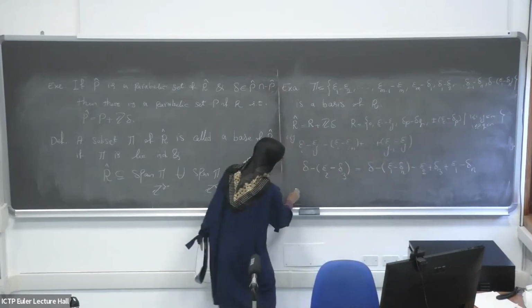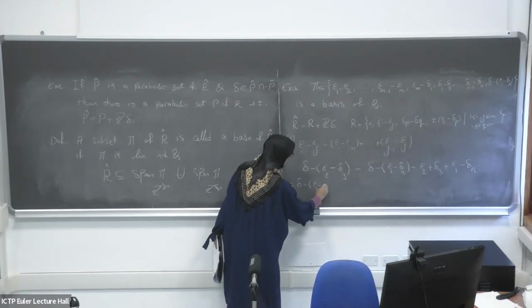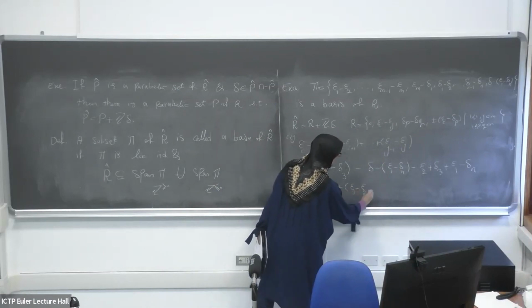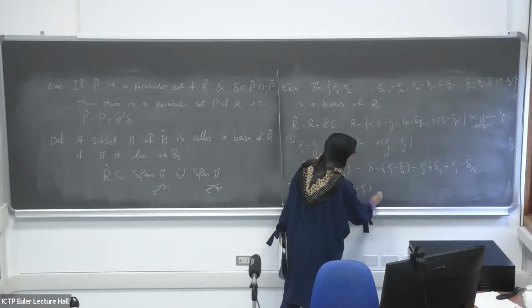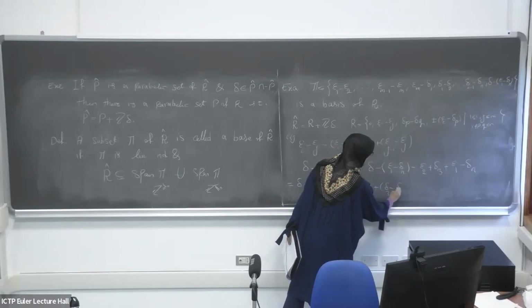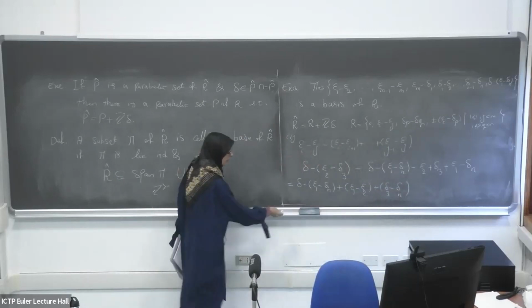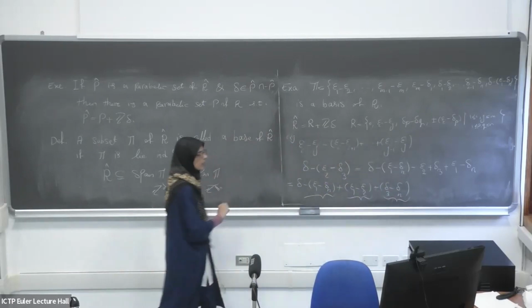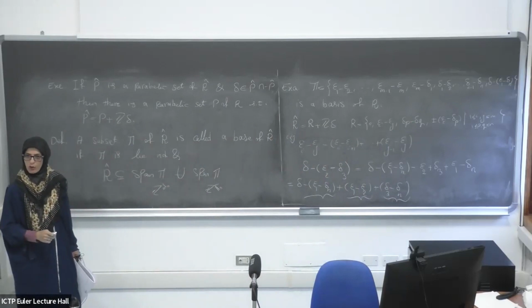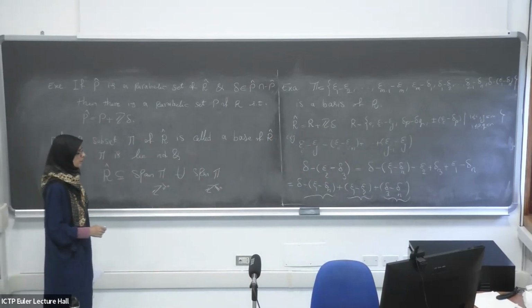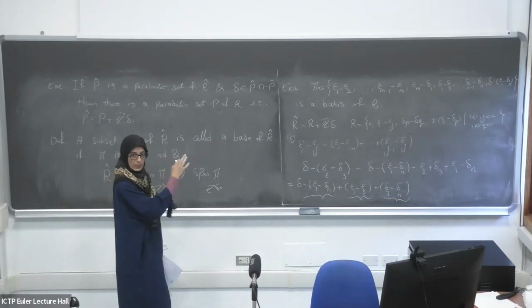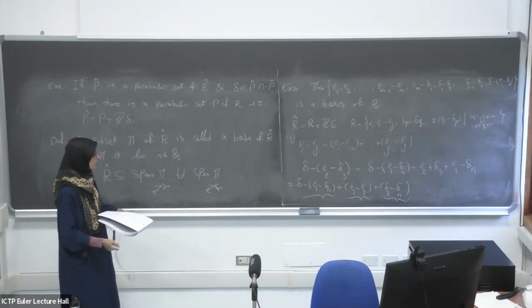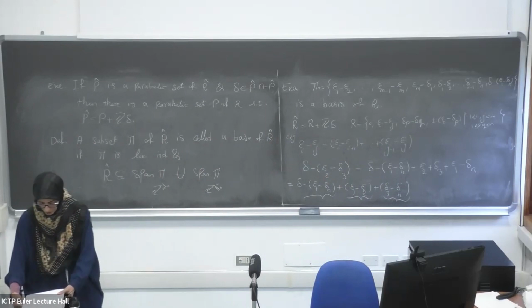So I can write it in this way: delta minus epsilon 1 minus delta n plus epsilon 1 minus epsilon 2 plus delta 3 minus delta n, for example. And again, you write it as a summation of 3 elements of pi, and all non-zero coefficients are positive, right? Please check it by yourself and show that it is really a basis. Okay.